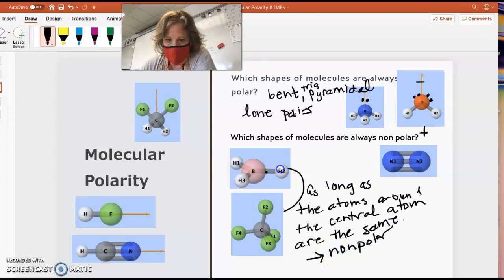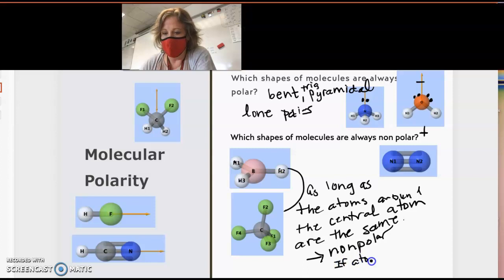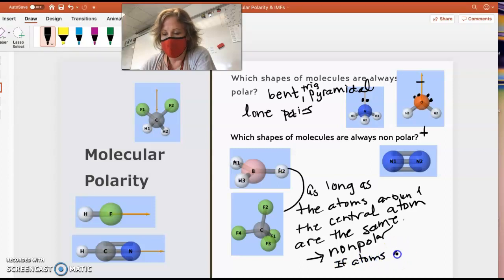So hydrogen, hydrogen, hydrogen in this trig planar. These fluorines are all the same in this tetrahedron. If they're not the same around the central atom, if they are different, then it will be polar.